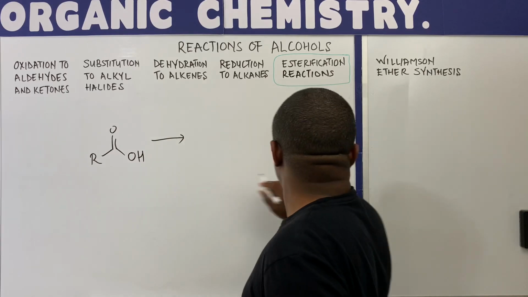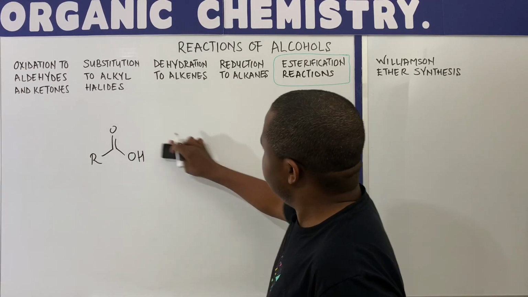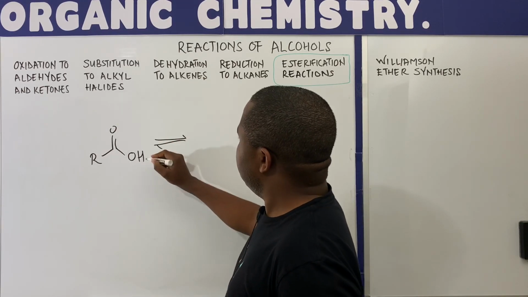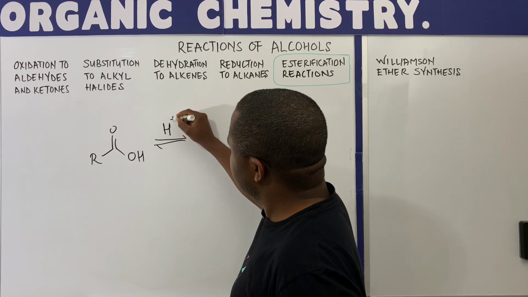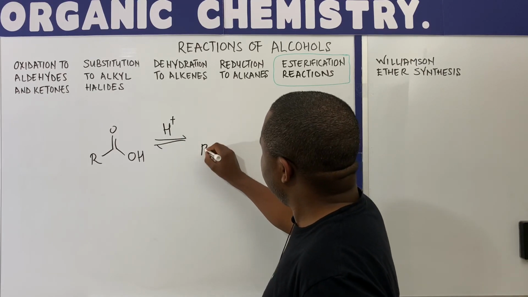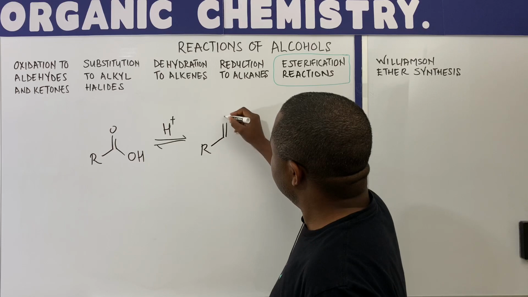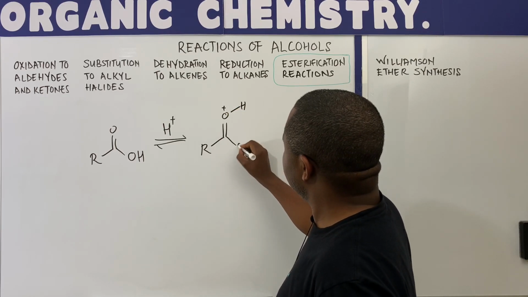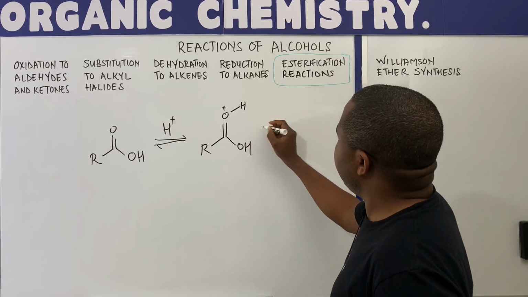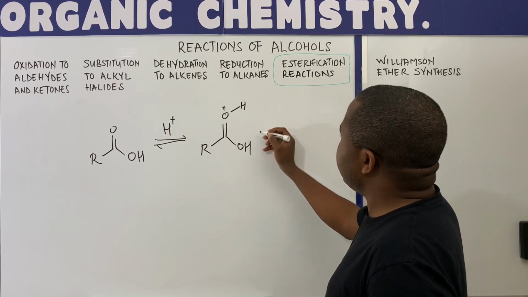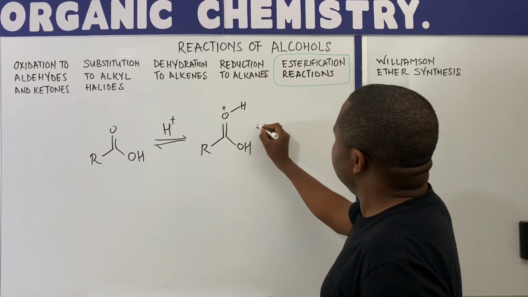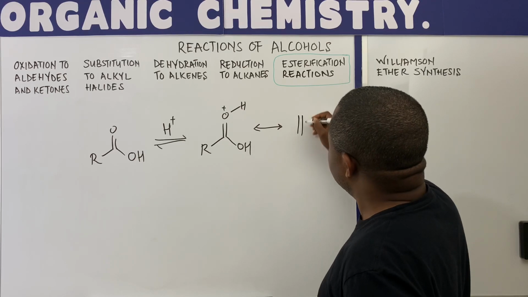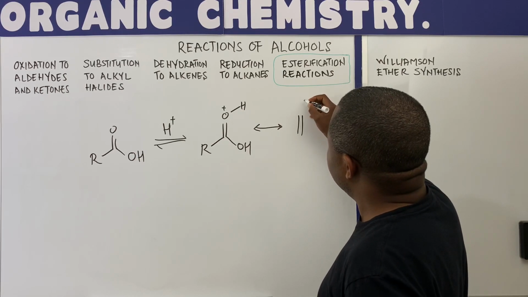If we protonate this in the presence of sulfuric acid, we can either have this or we have this. Actually, we're going to have both of them at the same time. It's an equilibrium reaction, and these two are in resonance. So we can have this.